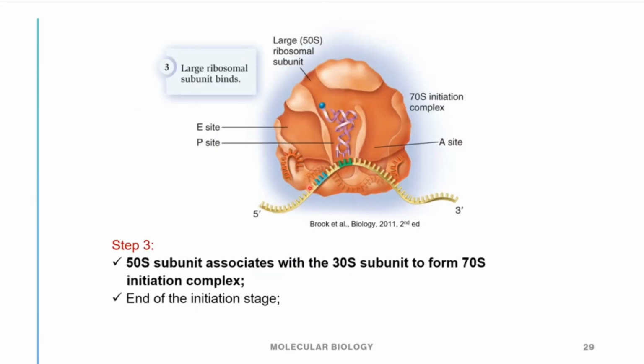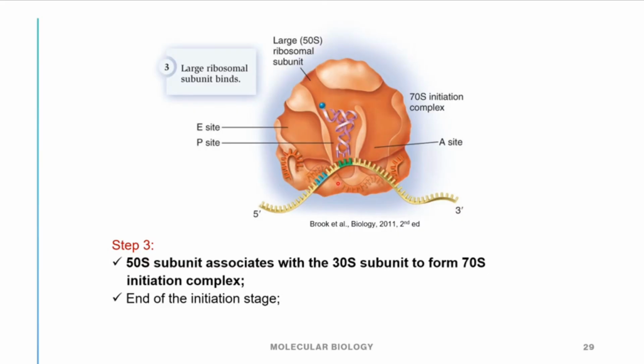Moving on, after the binding of the small subunit to the mRNA, as well as the binding of the first tRNA to the start codon, next is the binding of the large ribosomal subunit. So basically, you see this big 50S ribosomal subunit that comes in, and this is going to position the first tRNA inside the P site.